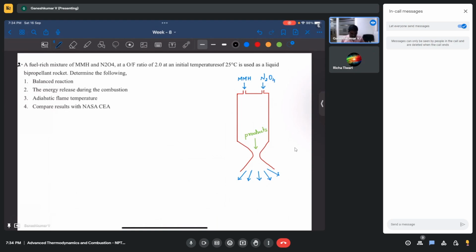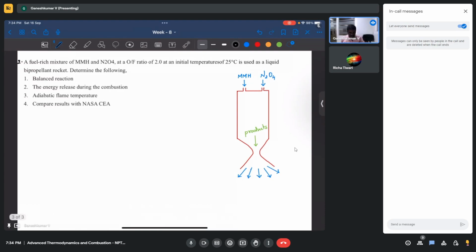The second problem deals with a fuel rich mixture of MMH and N2O4. Do you have any idea what MMH is? It's actually a propellant used in rockets called monomethyl hydrazine.